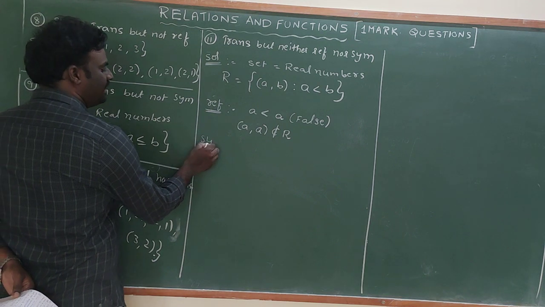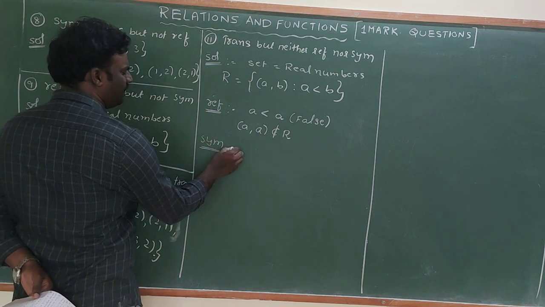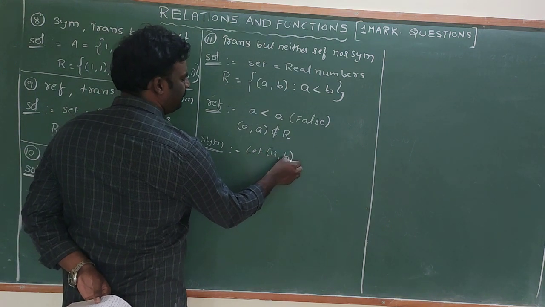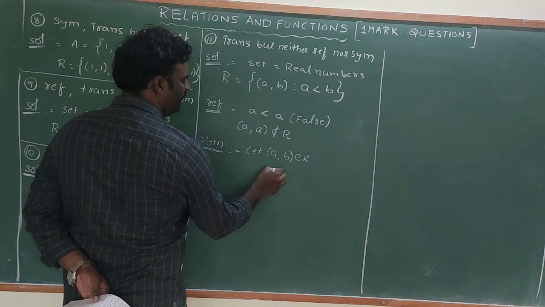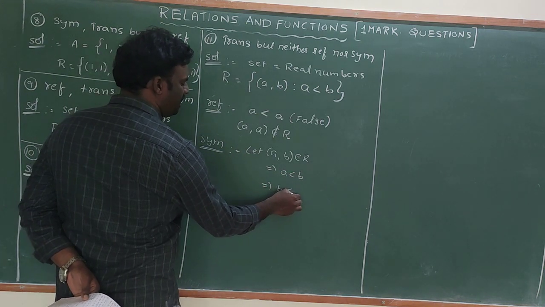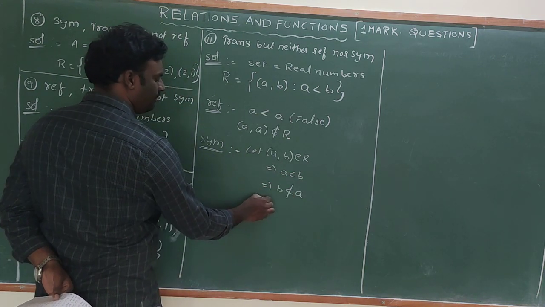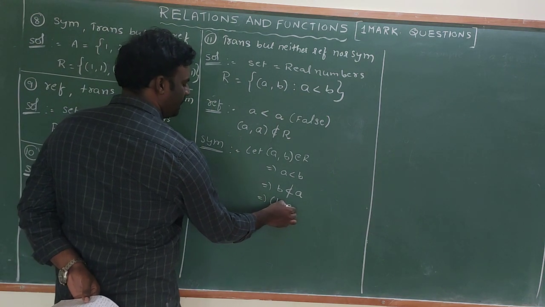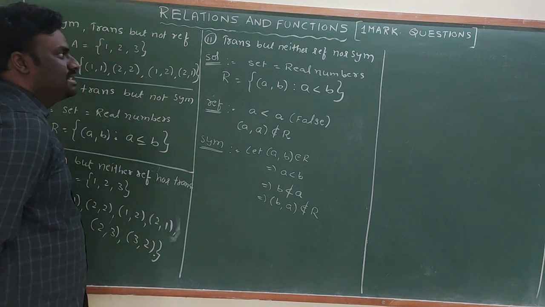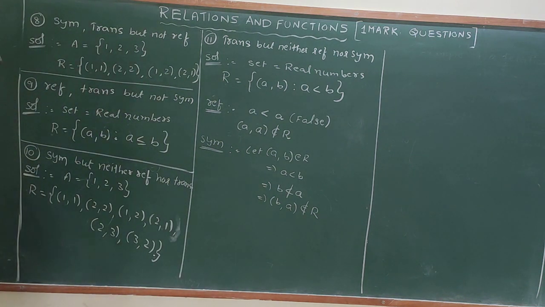I will verify symmetric. Let (A, B) belong to R. That implies A is less than B. But B is not less than A. Therefore, (B, A) does not belong to R, so it is not symmetric.